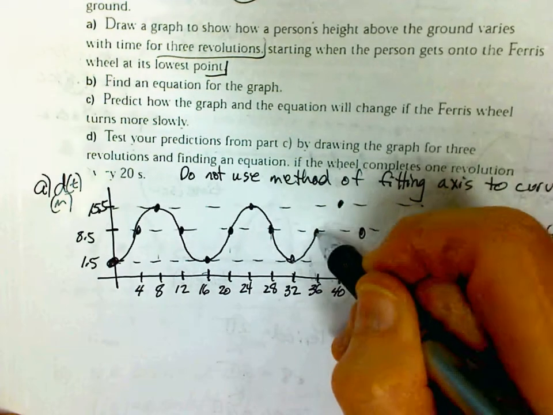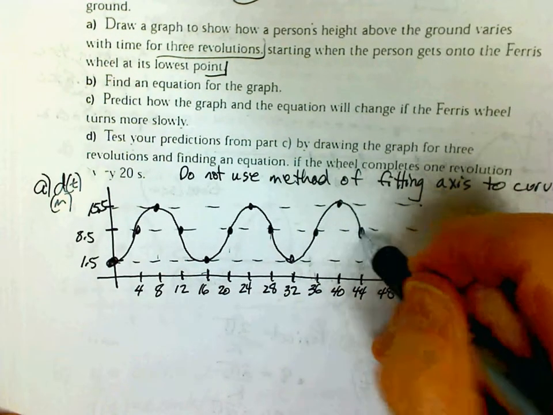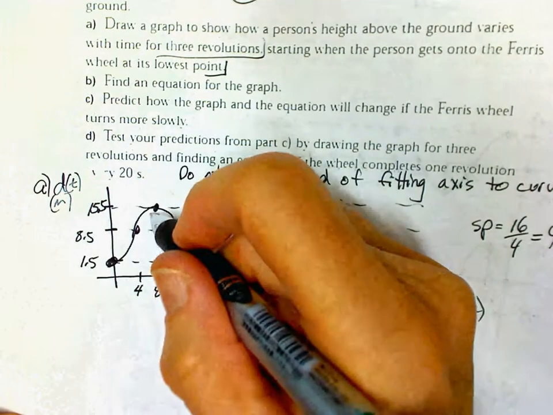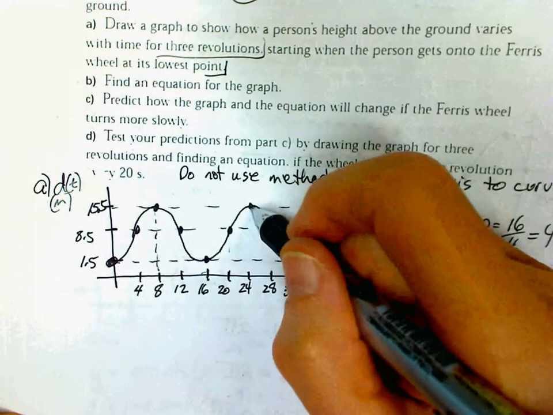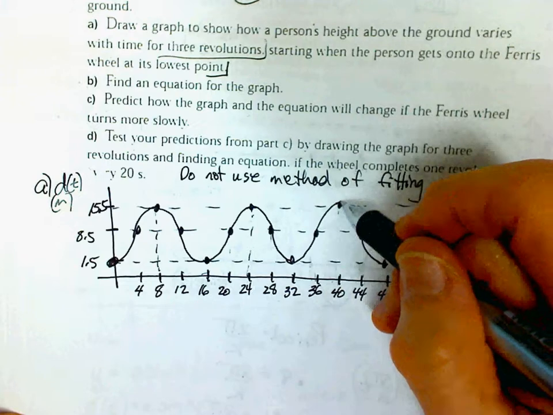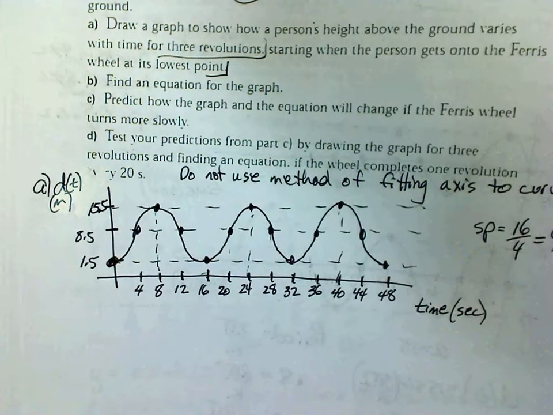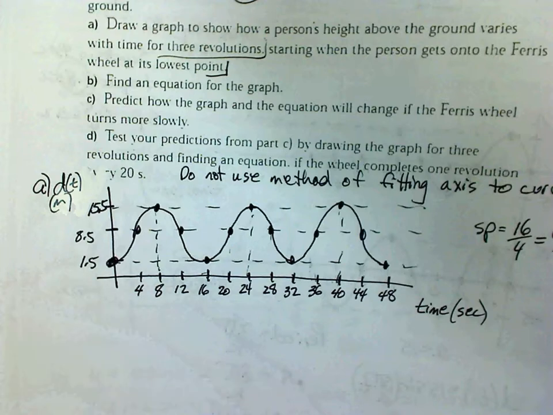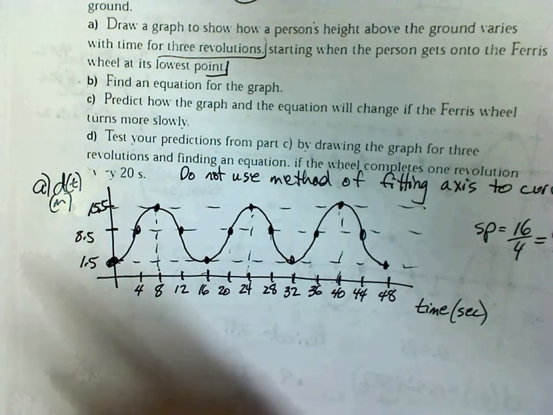Sometimes extra grid lines are helpful, aren't they? So they wanted 3 cycles. Let's find the equation for this graph. We'll do one for sine and one for cosine.